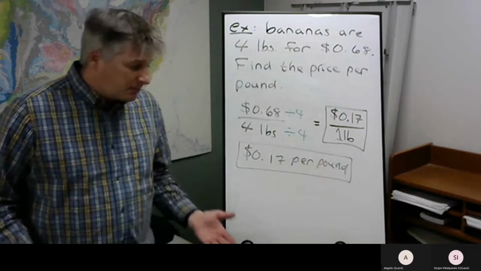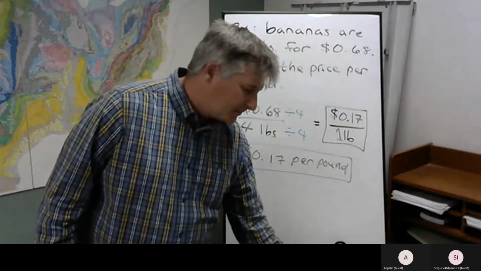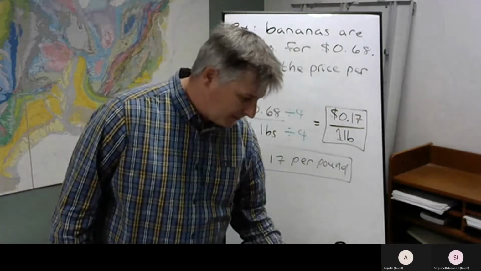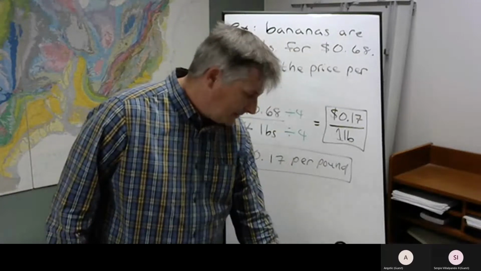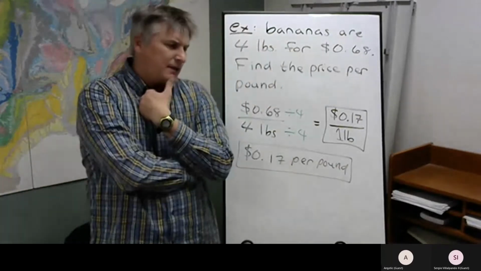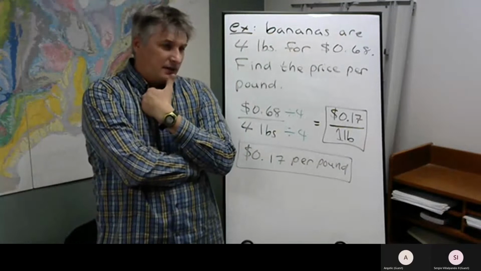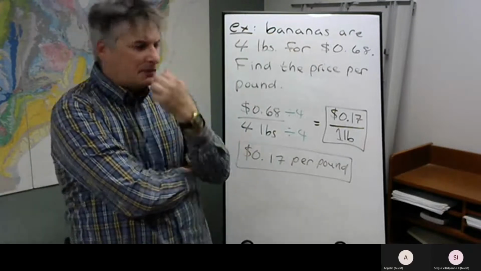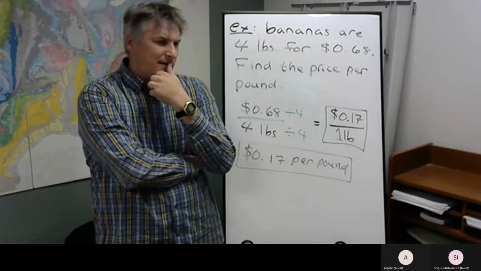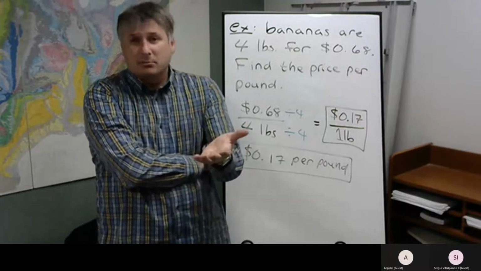All right. So unit rates are very popular, and I think one of the reasons this is done, it's easier to visualize. Say I can get 17 pounds for $3.78. Well, what's the price per pound?